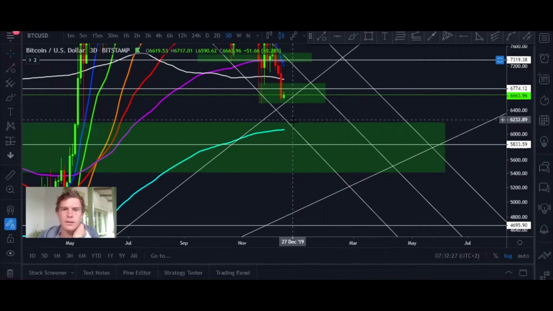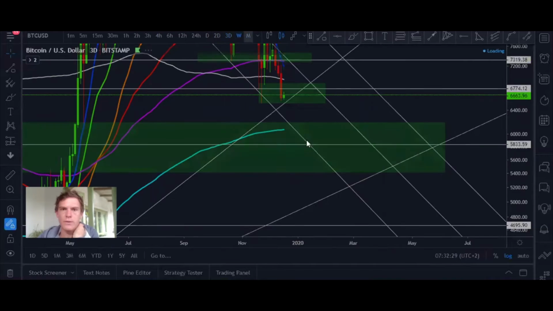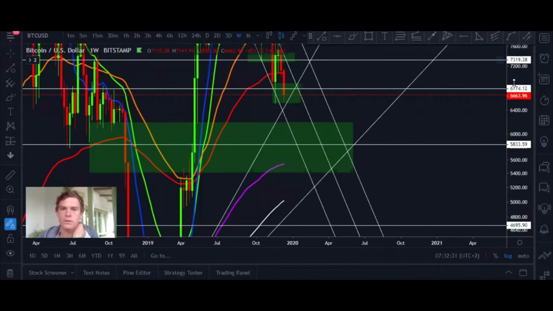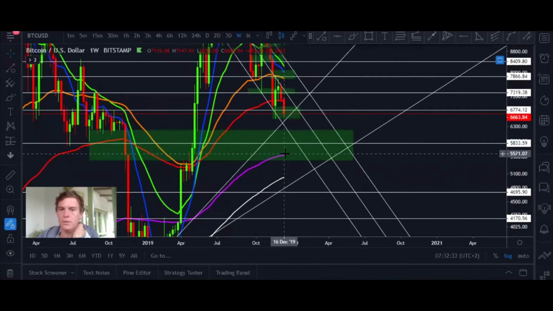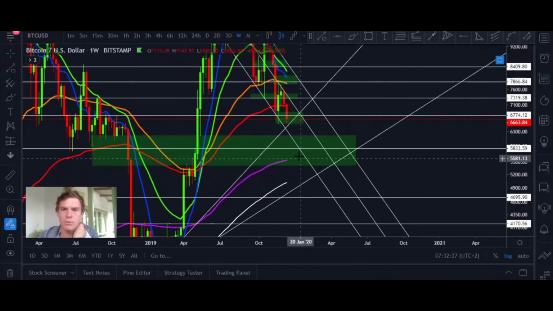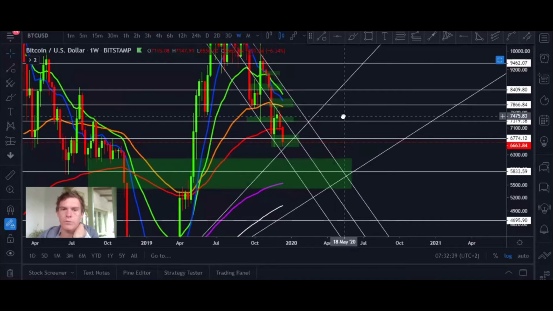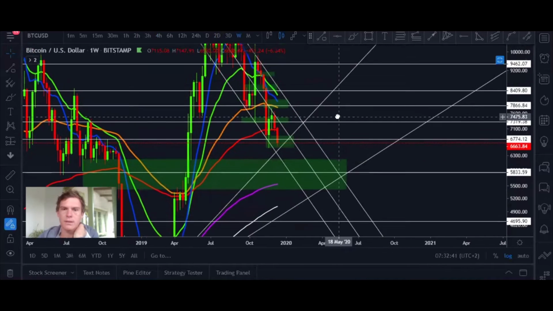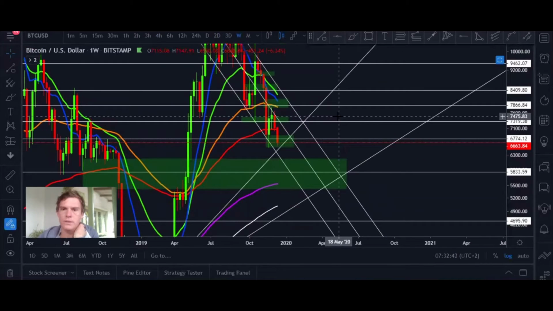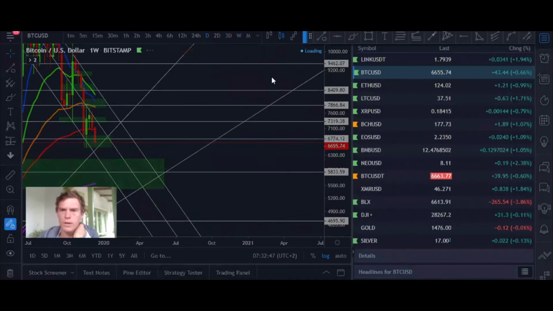So that does show that we might still push down. Weekly does look like it wants to come lower, and it might come to my target. It might come into this green box right here, and that for me would be a good place to look at stuff like bullish divergences and so on. So that's it for Bitcoin for now.